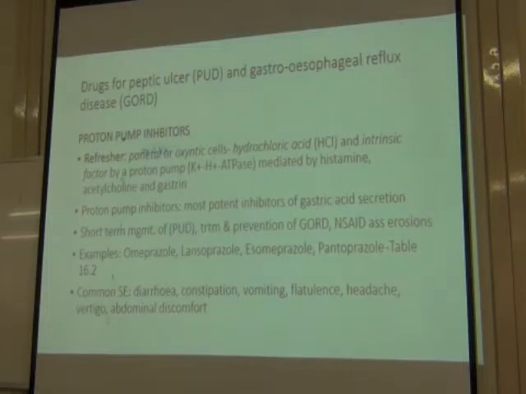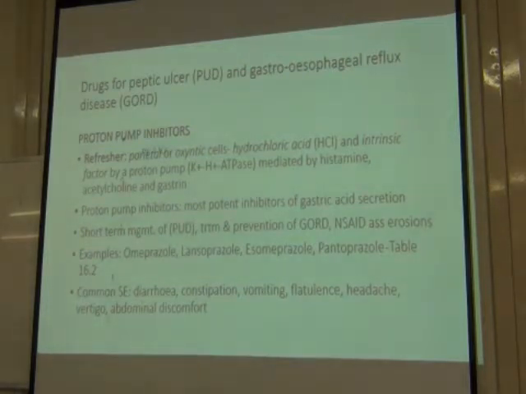They are very potent inhibitors of gastric acid secretion, but they are usually used short term for peptic ulcer disease and also for the treatment and prevention of gastroesophageal reflux disease, or NSAID associated erosion.